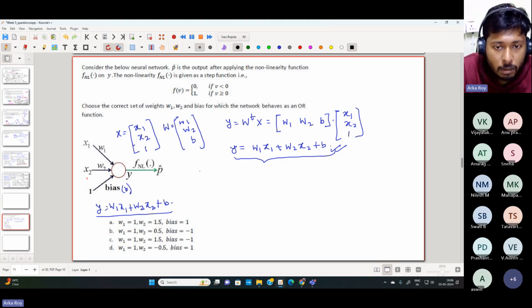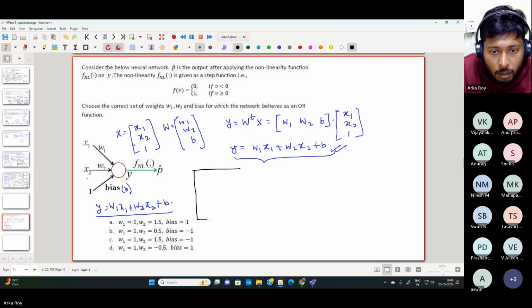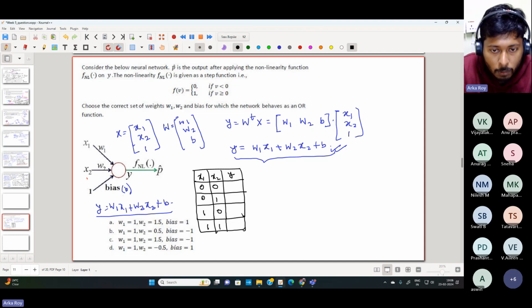For example, if I write the OR gate, x1, x2, and y: 0, 0, 0; 0, 1, 1; 1, 0, 1; 1, 1, 1.